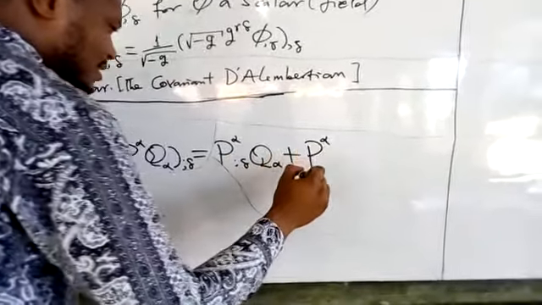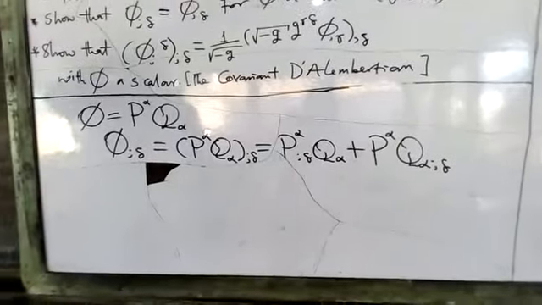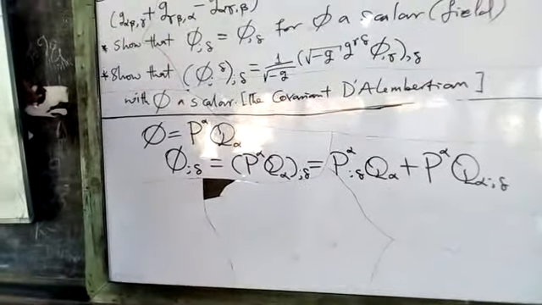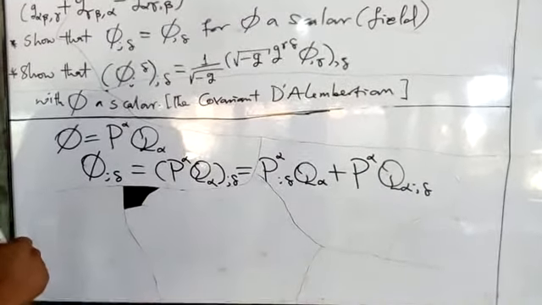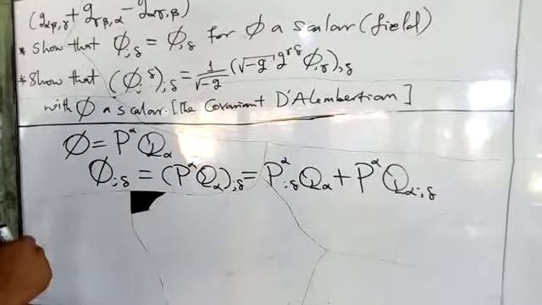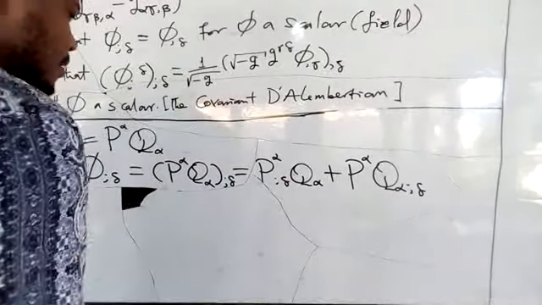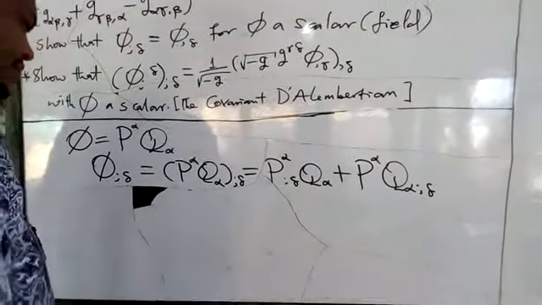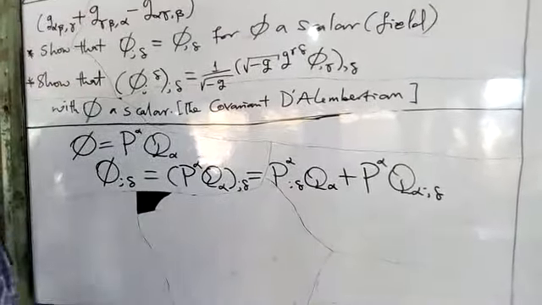So this time, again, I treat one factor as a constant, and then the other. Now looking at this expression, we can easily deal with these two: the covariant derivative of a contravariant vector, and the covariant derivative of a covariant tensor.